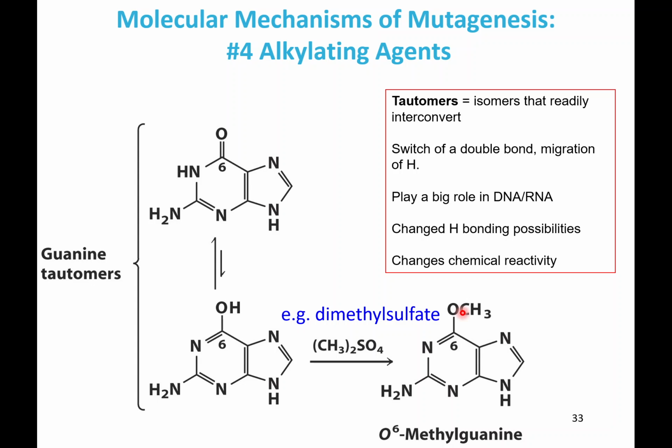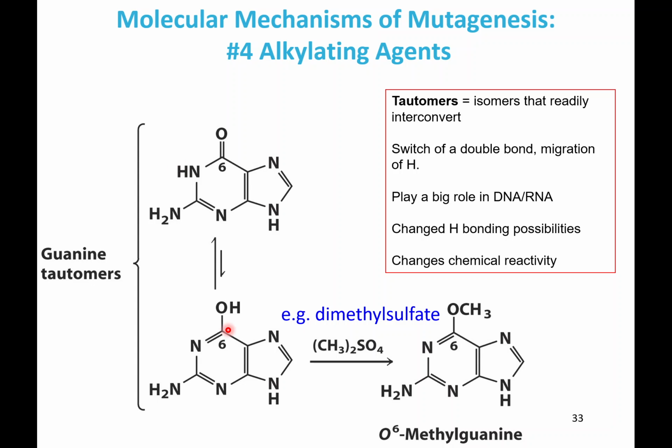I should mention too that this tautomer is an equilibrium between these two forms, and the equilibrium greatly favors the form of guanine that we're normally used to seeing.